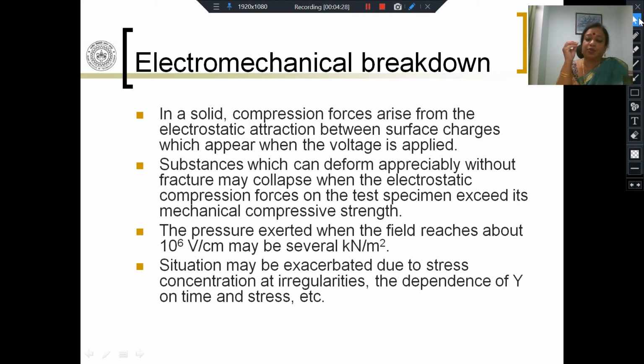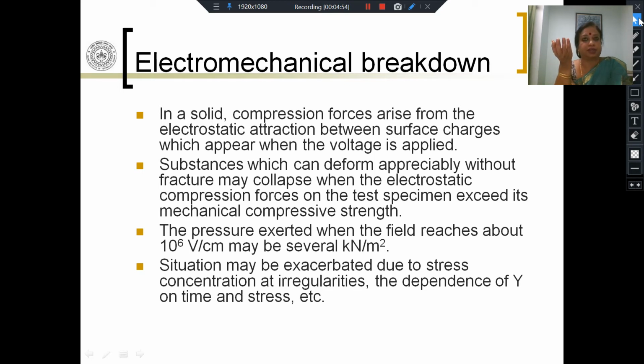So basically what is happening is, due to the attractive forces between the two opposite surface charges, the material may suffer very high compressive forces which can cause it to mechanically rupture, which is why it is called electromechanical breakdown. The cause is electrical or electrostatic, but the breakdown is mechanical in nature.